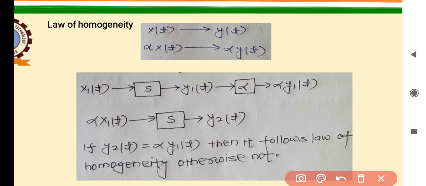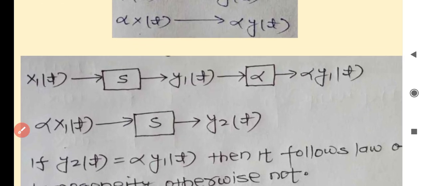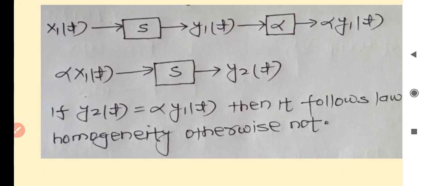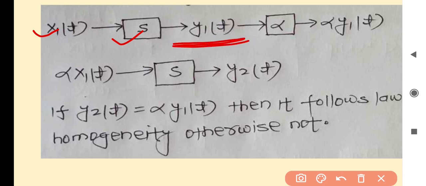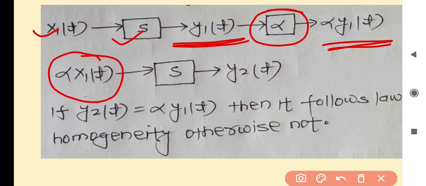We can use a block diagram here. Suppose there is a system S and x1 is given to the system S, it produces output y1(t), and then this output is multiplied by a constant alpha, producing alpha into y1(t). In the second case, input x1 is multiplied by alpha and applied to the system S and it produces an output y2(t).